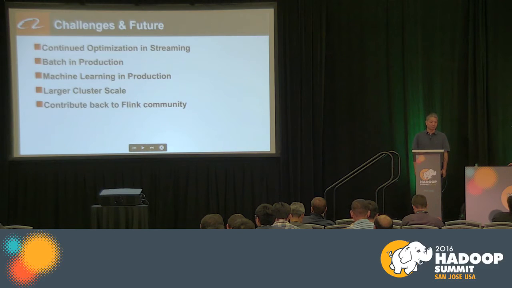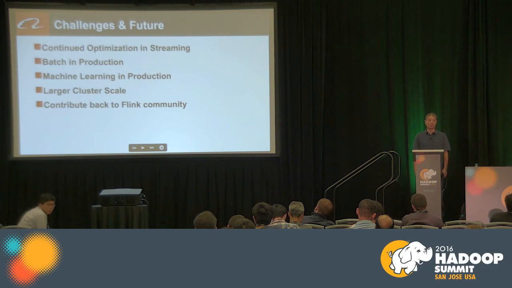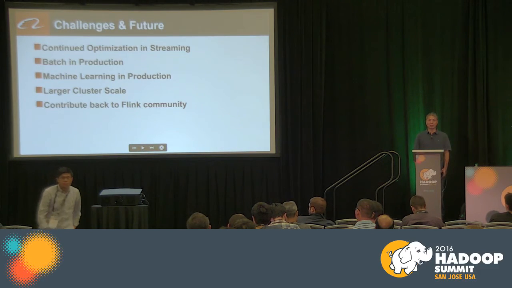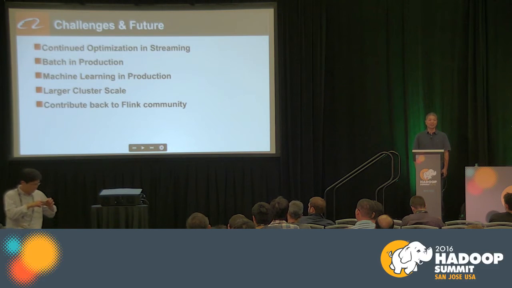This includes more optimization in the failover to make it even faster and cheaper in the system. In addition to the reliability improvements, we also want to make sure the performance of Flink keeps improving, to make it the most performant streaming solution out there that can provide low latency and exactly once semantics.